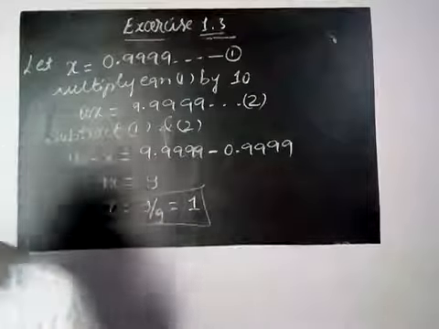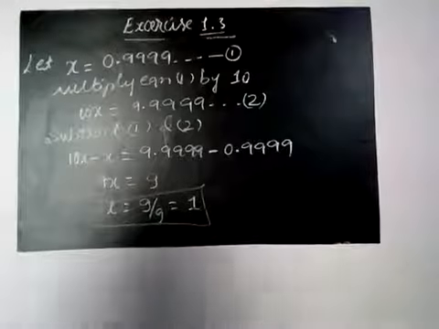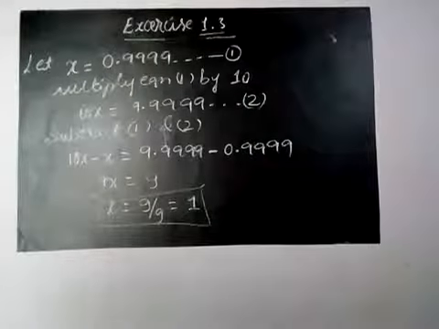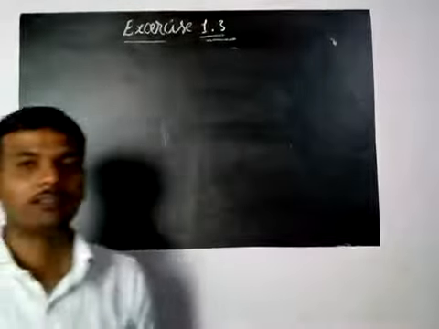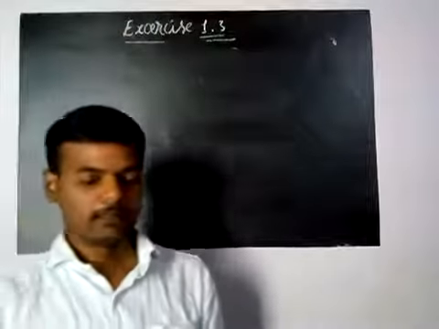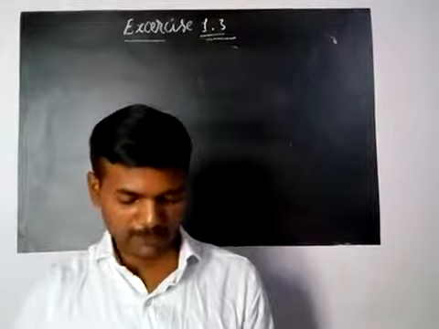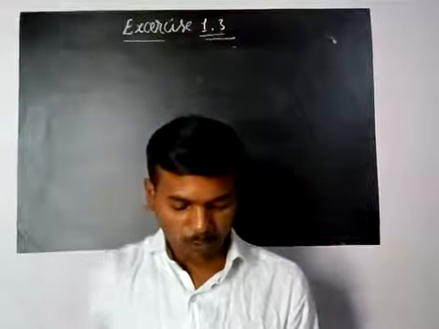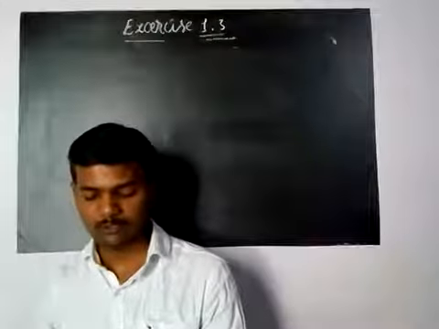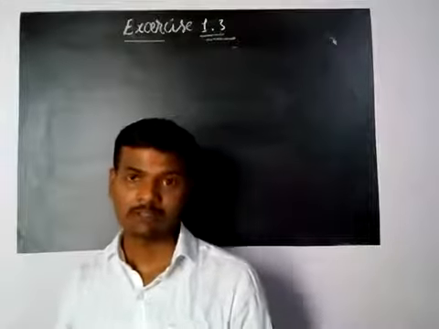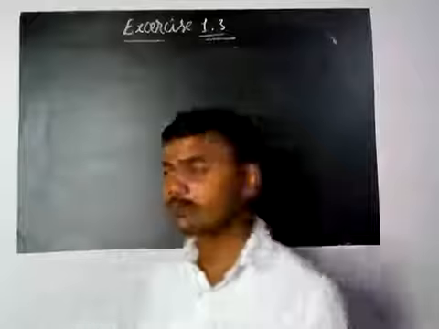Okay, let me discuss one more example. Let me take the next exercise question. What can be the maximum number of digits in the repeating block of digits in the decimal expansion of 1 by 17?